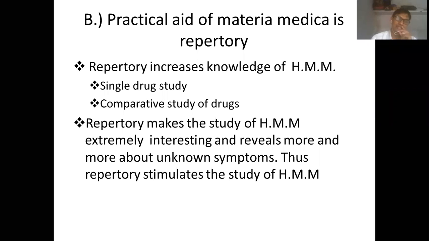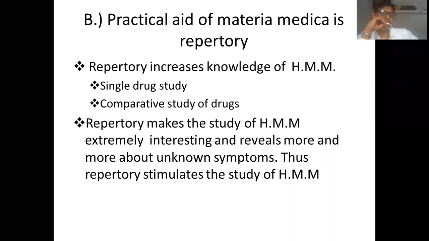Even though the first sentence is absolutely clear that materia medica is the base of repertory, to apply that base into practice, to apply that base into specific construction of images, we will require a certain practical aid, and that practical aid is the homeopathic repertory. And the repertory increases the knowledge of homeopathic materia medica by two simple mechanisms. One is a single drug study and another is a comparative drug study.